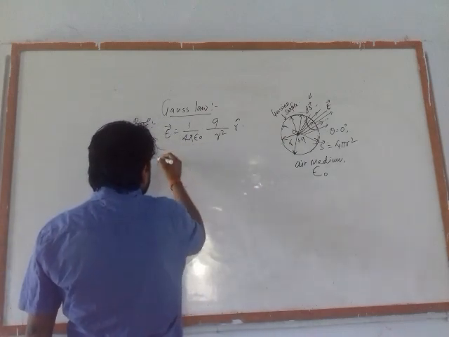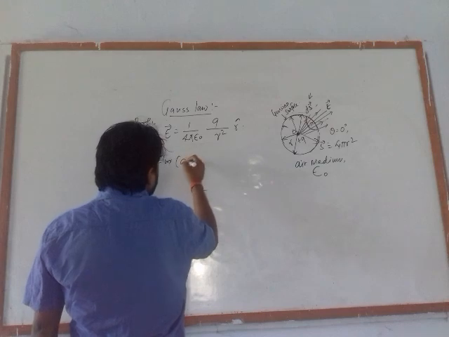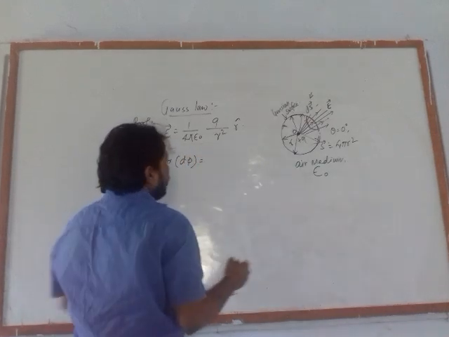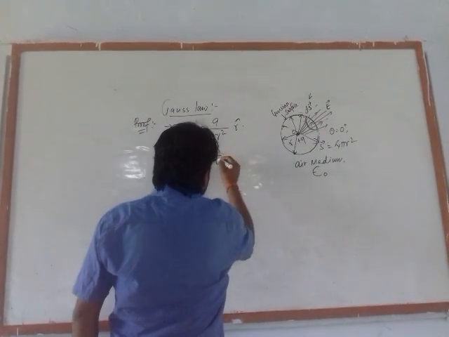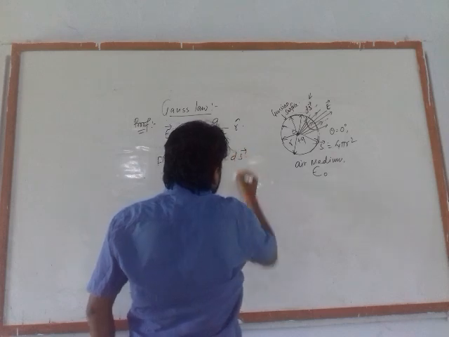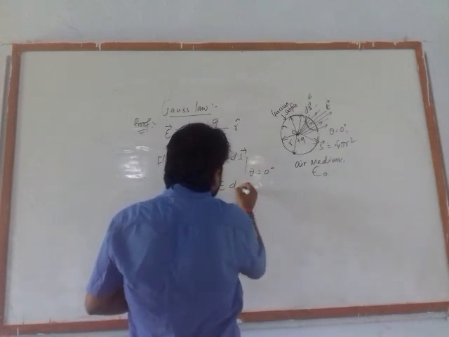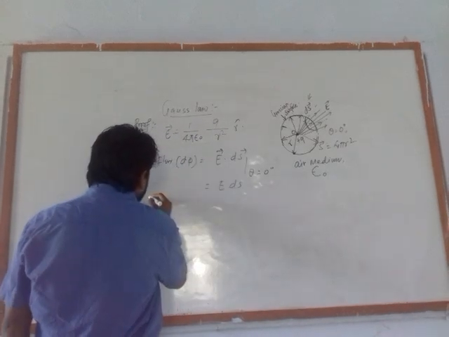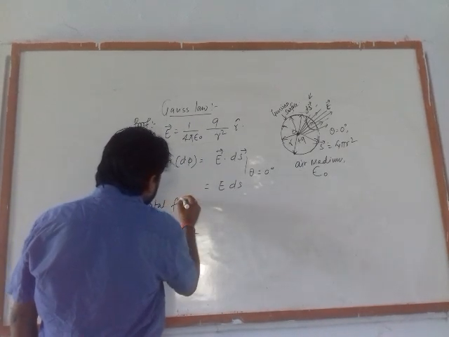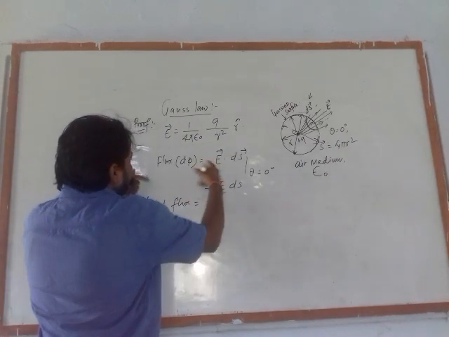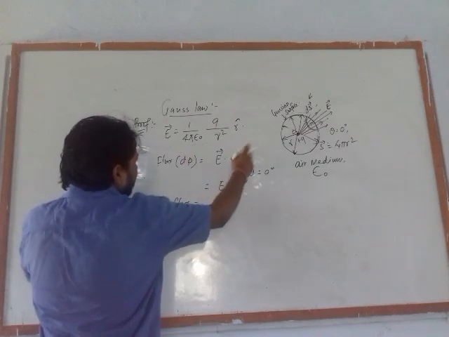Then find the value of flux. Suppose first for a small area, the flux is E dot ds. Suppose the value of theta is 0 degree, so maximum flux will occur, E ds. So if we find the total flux, the flux due to this small region we can calculate.